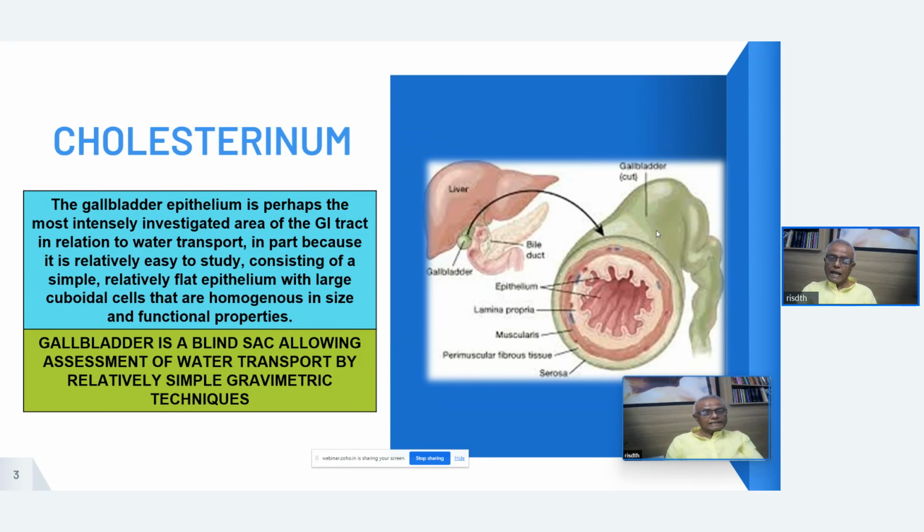This is also known as ascites. In most cancerous cases, in the last and terminal stages, the epithelium starts losing its function and capacity, and water gets accumulated in the entire abdomen. So the purpose of this epithelial lining is to keep the water and not allow it to go into the inner part of the body.